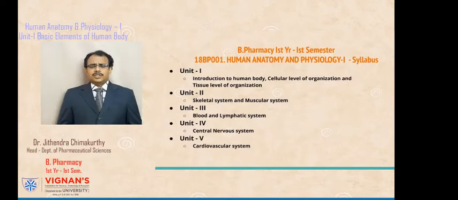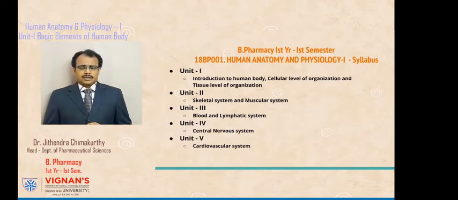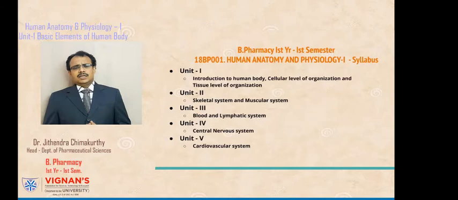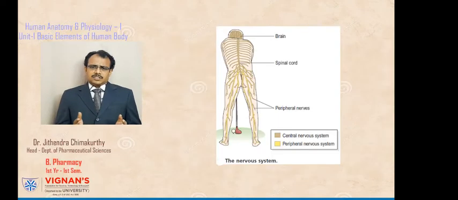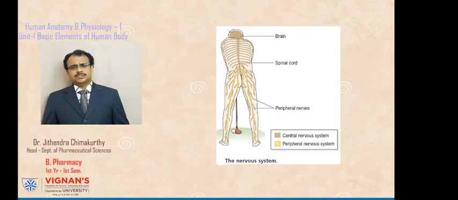And the fourth unit, nervous system. I think you know it is divided into the central nervous system and the peripheral nervous system.